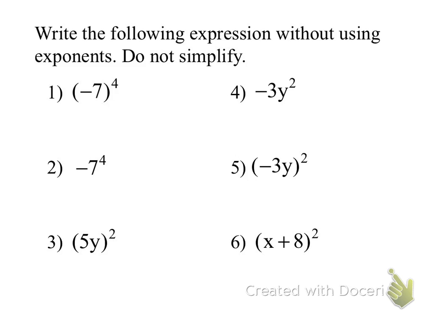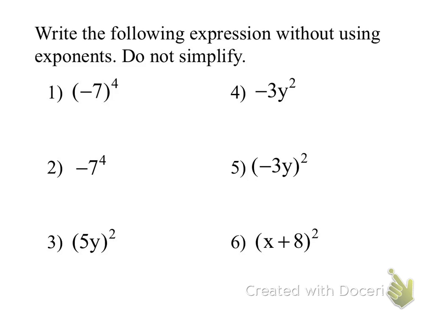Paulina. Okay, let me rephrase that. The base of the exponent is what the exponent touches. So what is the exponent touching, Paulina? What is it closest to? The parenthesis. So everything inside of the parenthesis is part of that exponent because it touches the parenthesis.